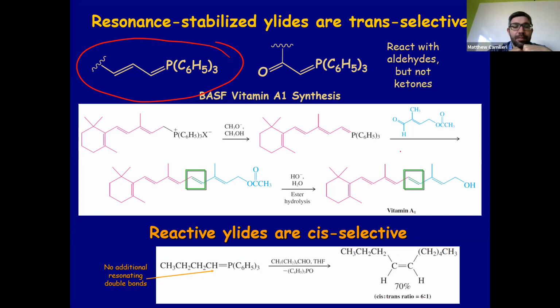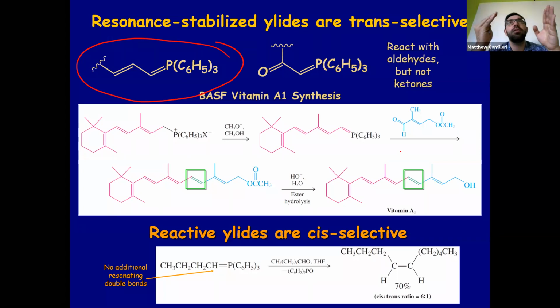Now you might ask, what is a reactive ylide? A reactive ylide is something that is not stabilized through resonance forms. Remember, you have charges, and the charges are going to be very, very reactive.